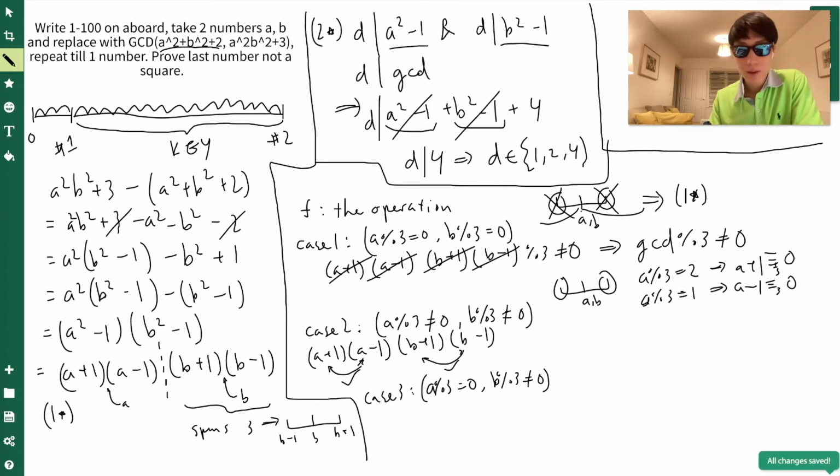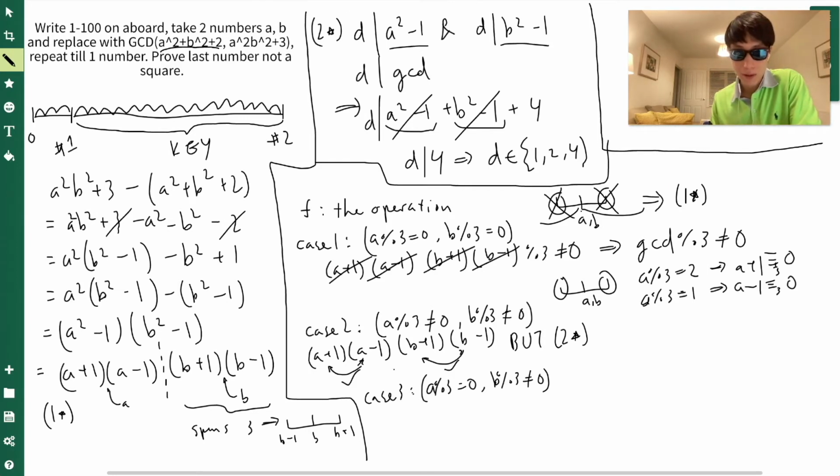But remember, based on 2 star, anything that divides both sides here, if 3 is on this side and on this side and it's also in the GCD, it can only be 1, 2, or 4. Well, 3 does not equal 1, 2, or 4, so GCD mod 3 cannot equal 0.